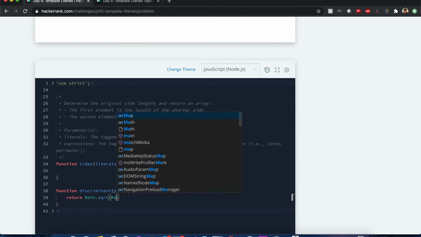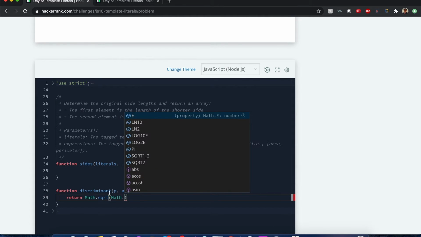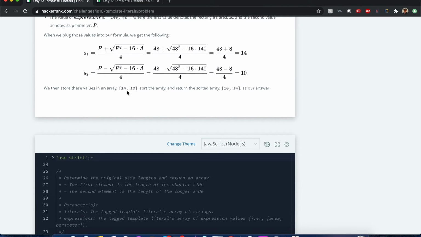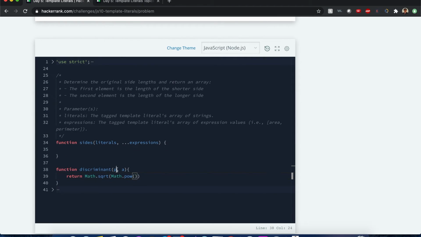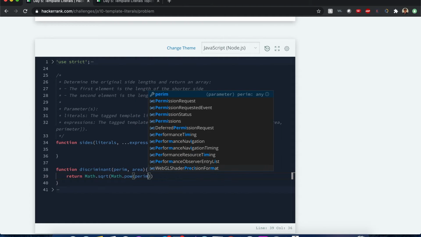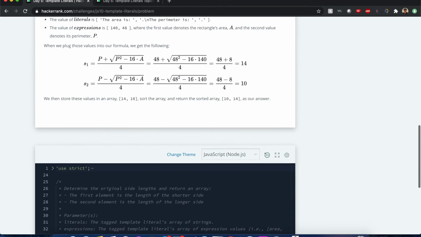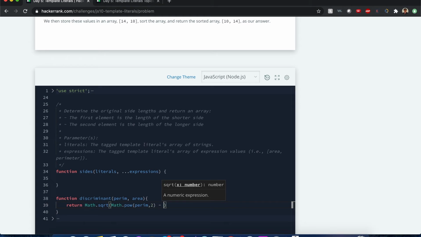By the way, I'm using the Math library, the square root function, and also the power, because the power is going to be the perimeter squared. To make this easier to understand, I'll put perim and area like that so that you guys won't be lost when I'm writing this out. So it's going to be Math.sqrt of the perimeter squared, in other words, to the power of 2, and I have to subtract 16 times area.